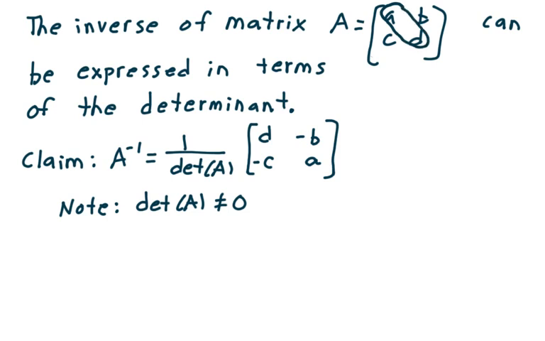I'm going to interchange those entries. So notice how D is in the upper left-hand corner and A is in the lower right-hand corner. And if we look at the entries of A along the other diagonal, when I get A inverse, I change the signs. So notice the entries along the other diagonal are negative B and negative C. And let me give you a quick example of this.